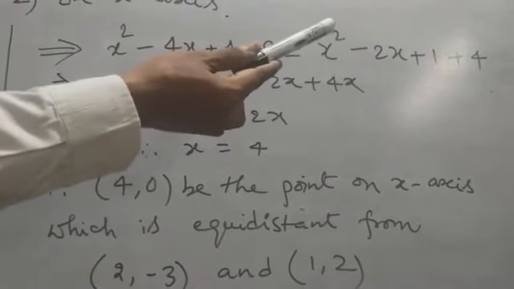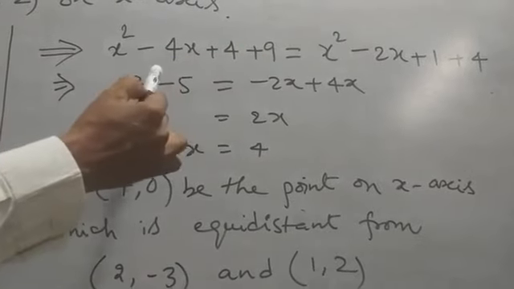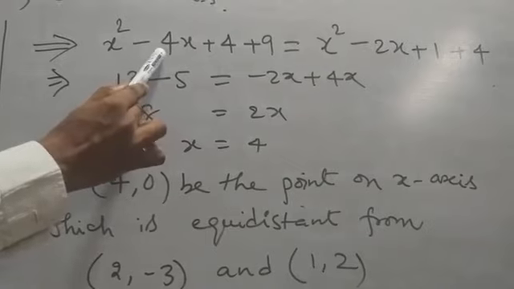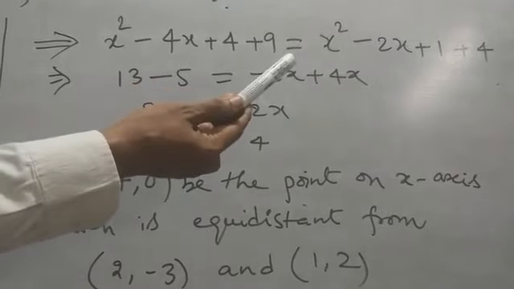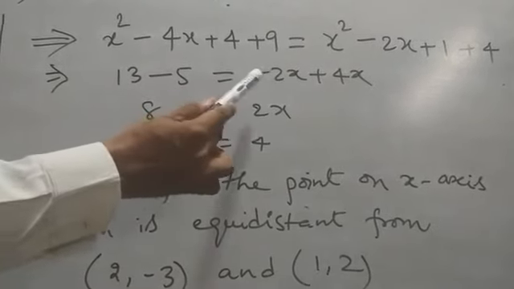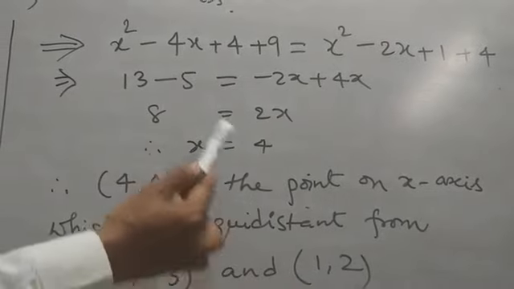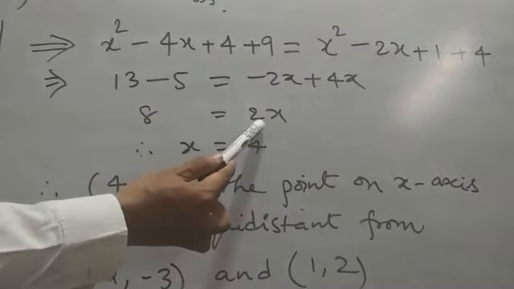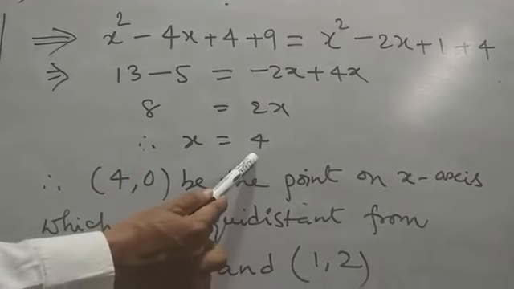So 1 plus 4 is 5, if comes this side left hand side, 13 minus 5 equal to, here it is minus 4x is there, if goes that side right hand side, it will be plus 4x, so minus 2x plus 4x. If you simplify, 13 minus 5 is nothing but 8, so 8 equal to 2x and hence x equal to 4.